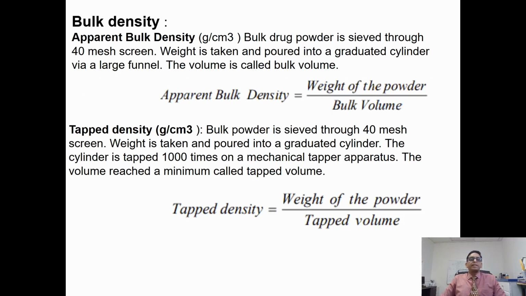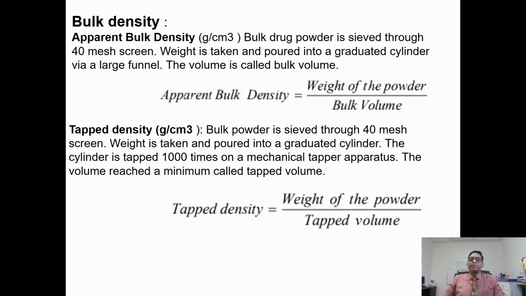So the bulk density will be measured in two different ways. First, we analyze the apparent bulk density of a compound or substance, which is measured in grams per cm cubed.